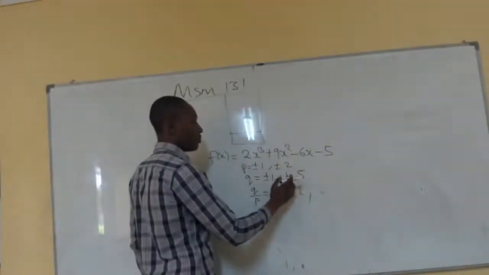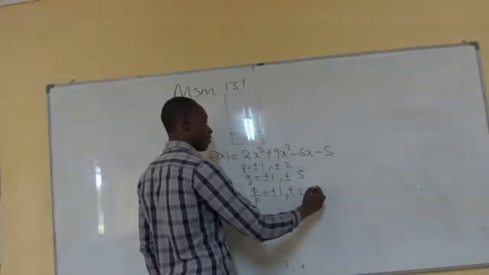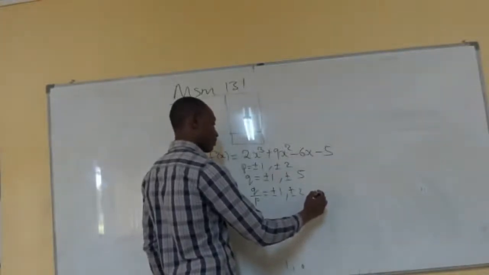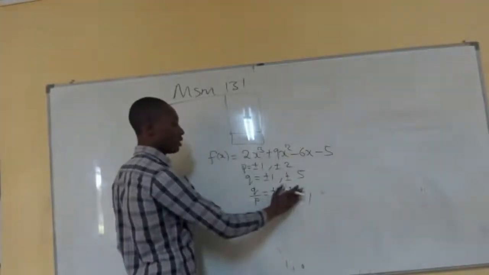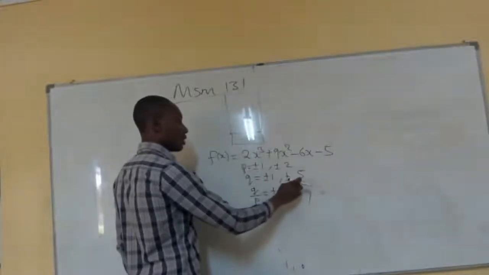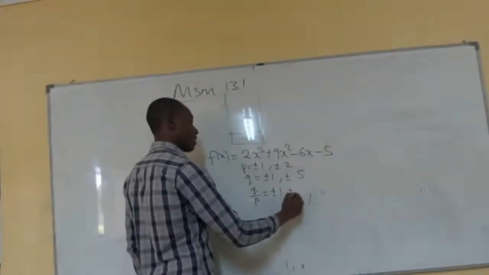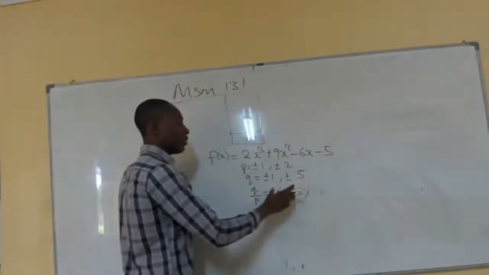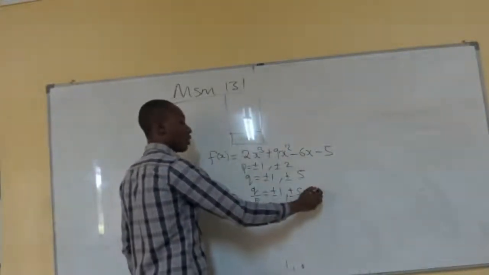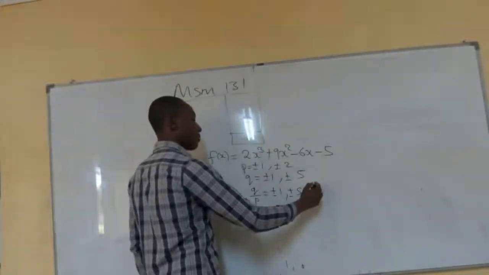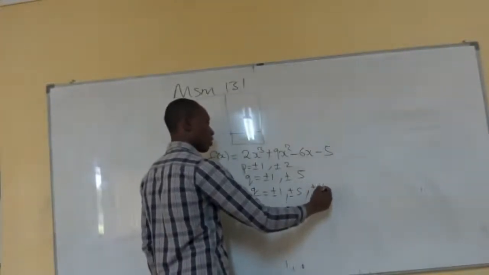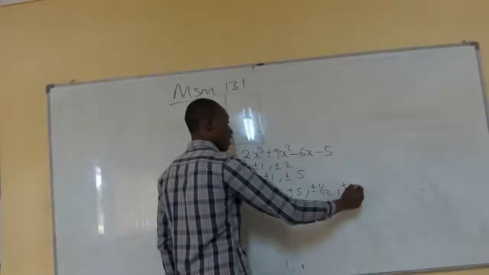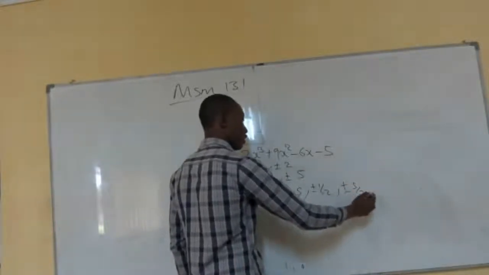If you divide plus or minus 5 over that, so we have plus or minus 1, then from here, you have plus or minus 5. Other than that, if you are dividing over 2, you are going to have plus or minus 1 over 2 and plus or minus 5 over 2.